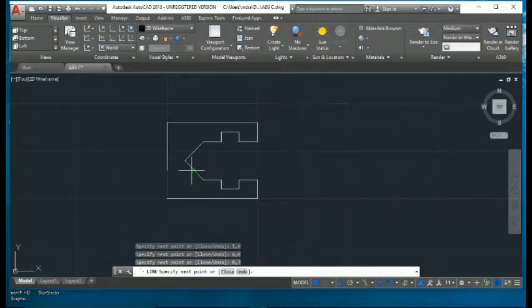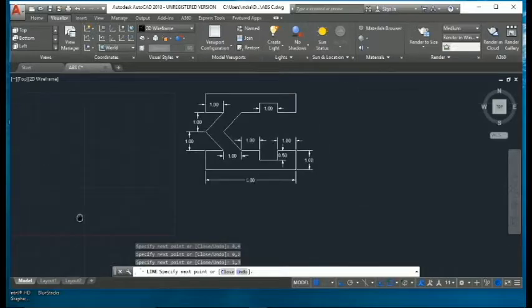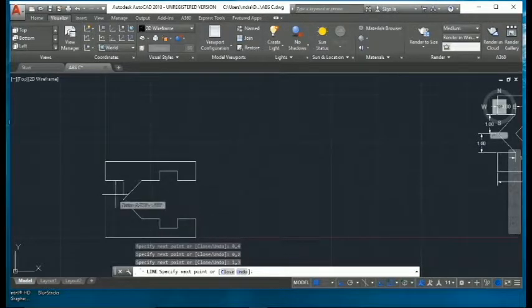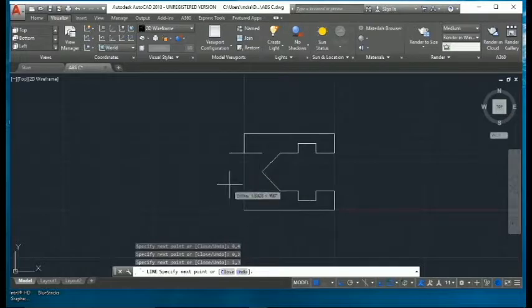Let's type 1, 3, enter. Next point is this point, whose x coordinate is 0 and y coordinate is 2. So the coordinate value of this point will be 0, 2. 0, 2, enter.